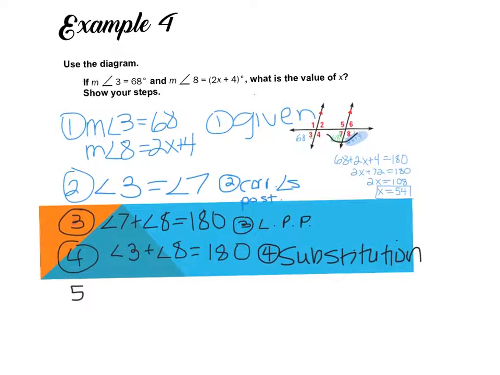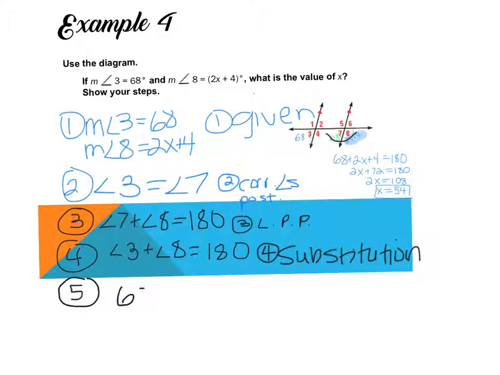And then I can say 68 plus 2x plus 4 equals 180. And where'd that come from? That's also substitution. Does everybody see that?